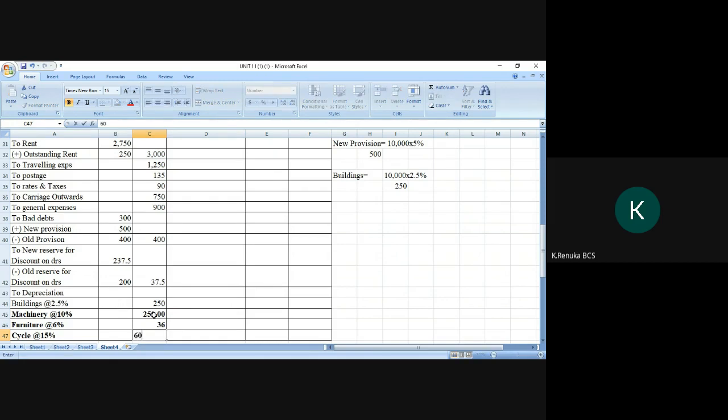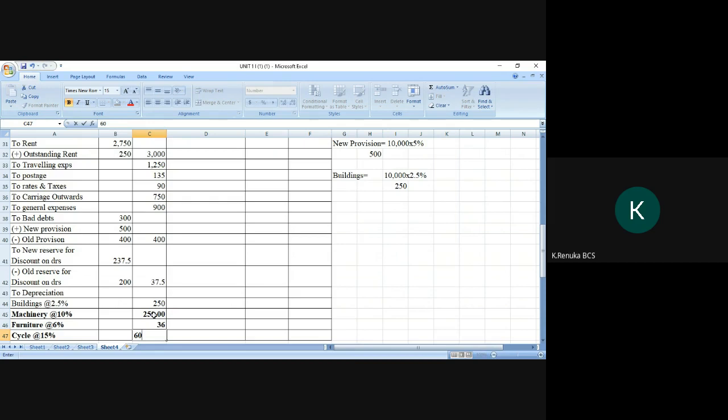Why we are calculating depreciation is, depreciation will be calculated only on the fixed assets. It will not be calculated on current assets. Fixed assets are used for a long period in your business regularly. Whenever you are using your fixed assets, the value of the asset will be reduced.